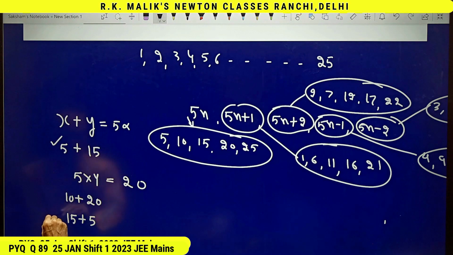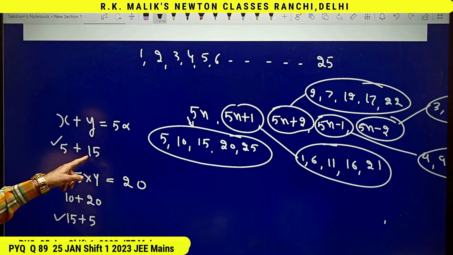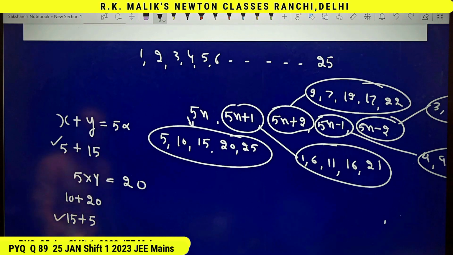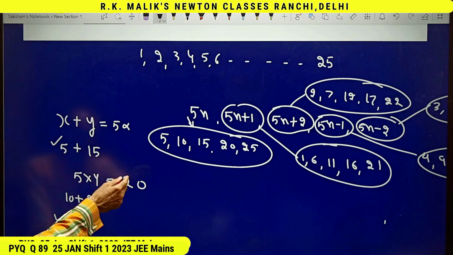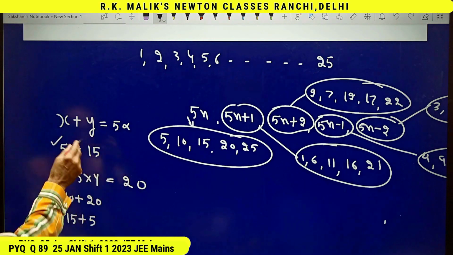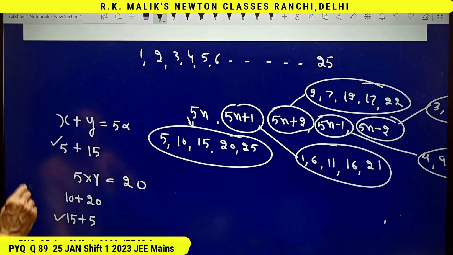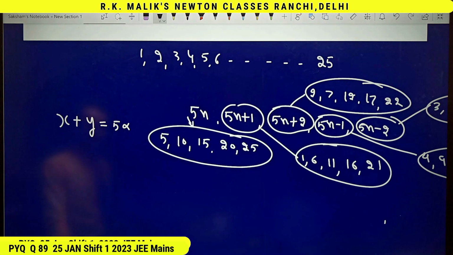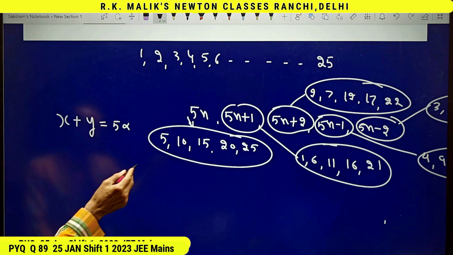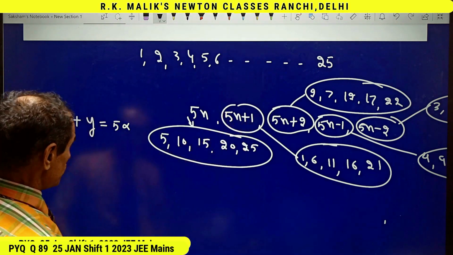Note that these two cases are different cases. Here x is 5, y is 15. Here x is 15, y is 5. In this way, there are 20 ways in which x and y can be chosen so that their sum is multiple of 5. Or second possibility is x is in the form of 5n plus 1.